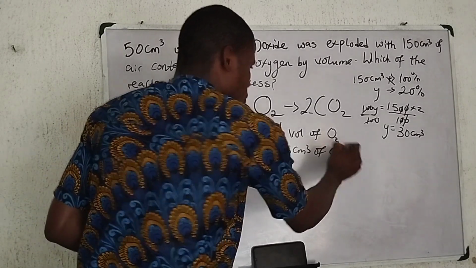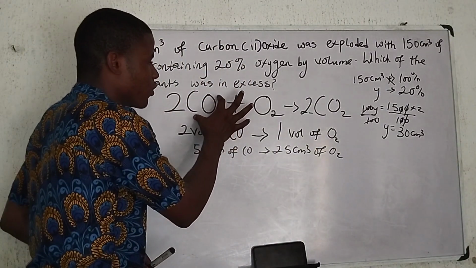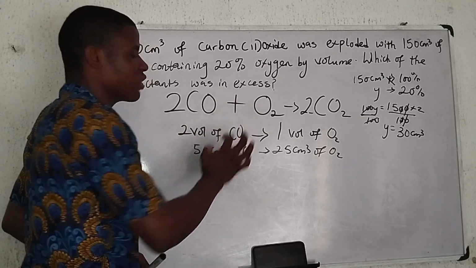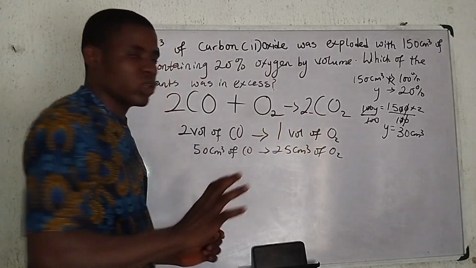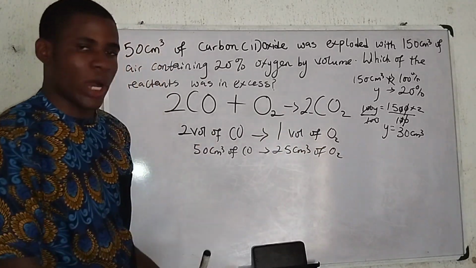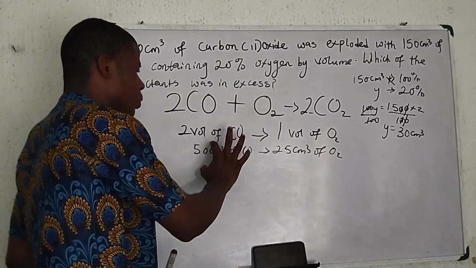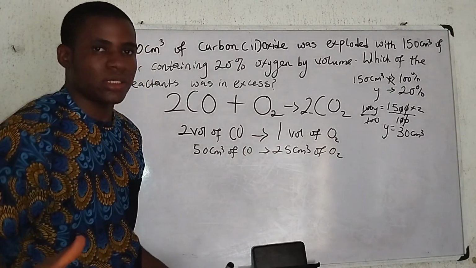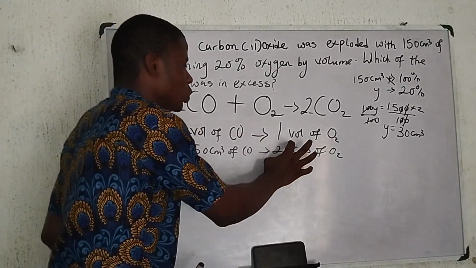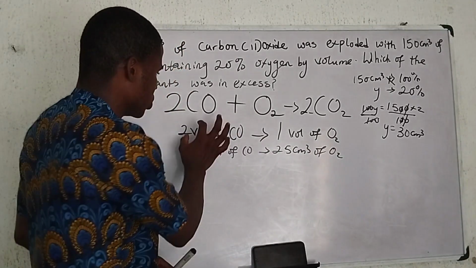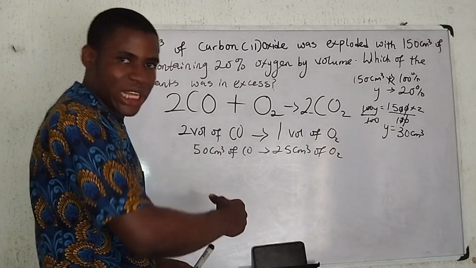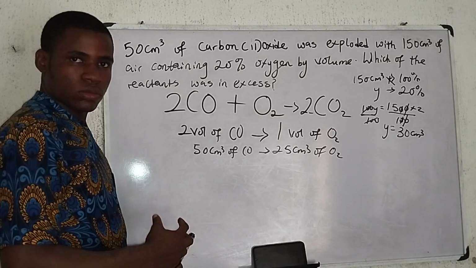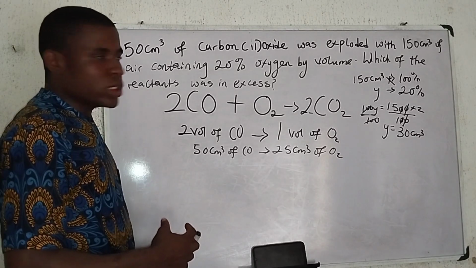True or false? It is true. Reason: from the equation of reaction, we've seen that 2 volumes of carbon monoxide react with 1 volume of oxygen. So 2 to react with 1. Therefore, 50 cm³ of carbon monoxide is meant to react with 25 cm³ of oxygen, because 2 to 1, 50 to 25. Does it make sense? That is division by 2. I hope you understand.